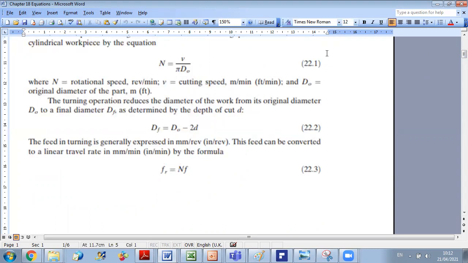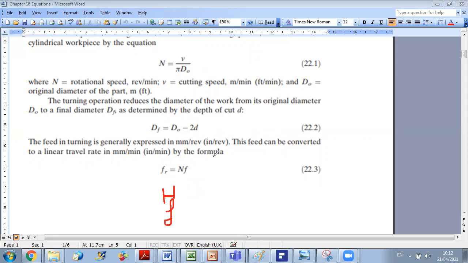Sometimes the feed in turning is expressed in millimeters per revolution. What we mean by this is how much we are advancing per revolution. In each revolution, I am able to remove a certain distance f.